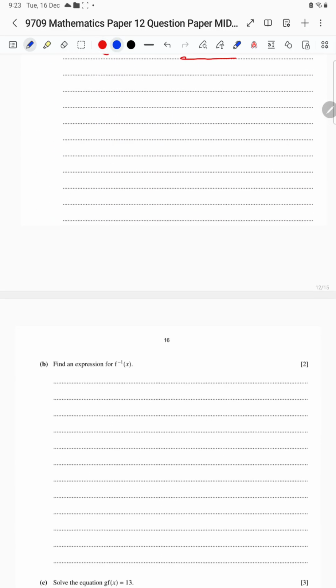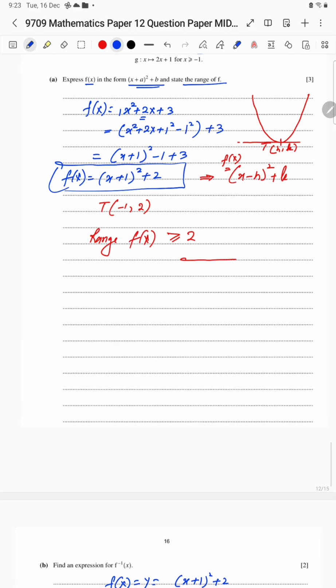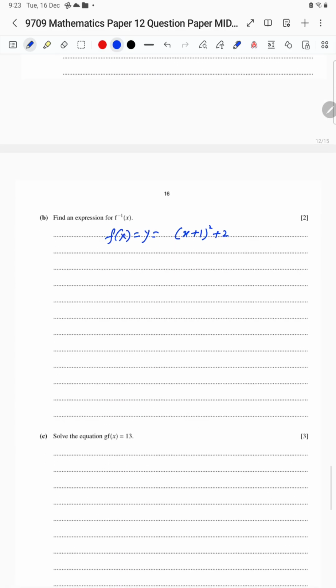Now you have to find the inverse function of f of x, that is y, given to be, as we already did in the first part, x plus 1 whole square plus 2. It is better to rearrange it. Y minus 2 will be x plus 1 whole square, so x plus 1 will be plus minus square root y minus 2.